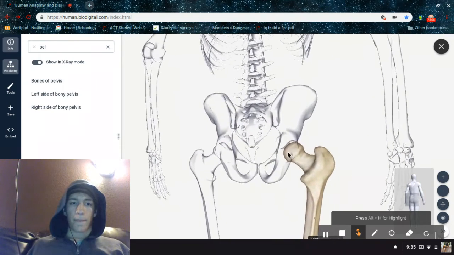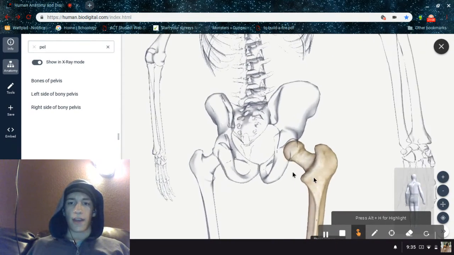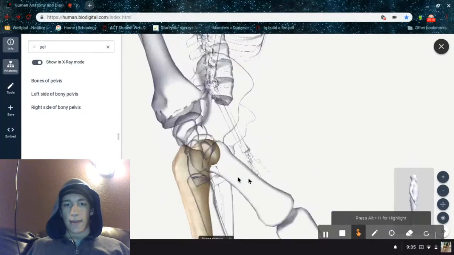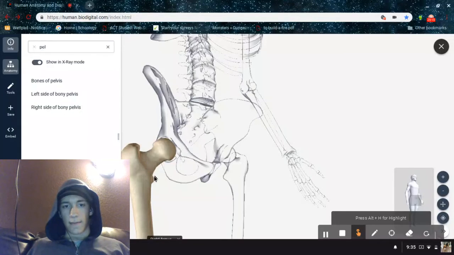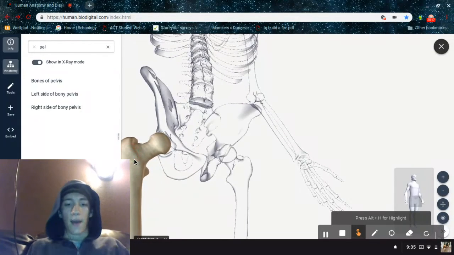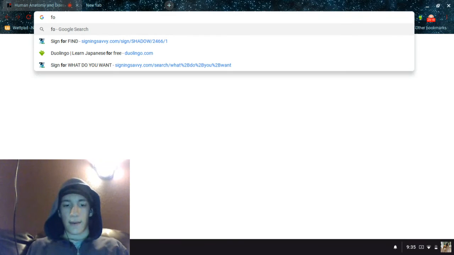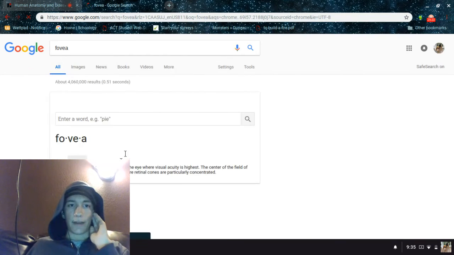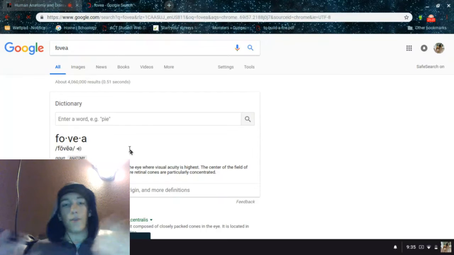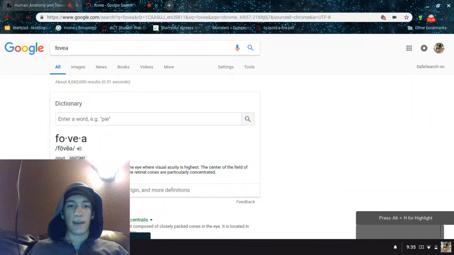The fovea capitis is this fovea right here. See, I always forget what a fovea is. Mr. Wardlaw is much better at that than I, but thanks to Google, we're able to do this: a small depression.